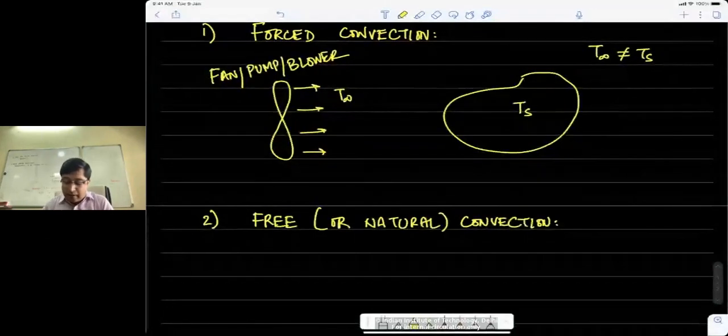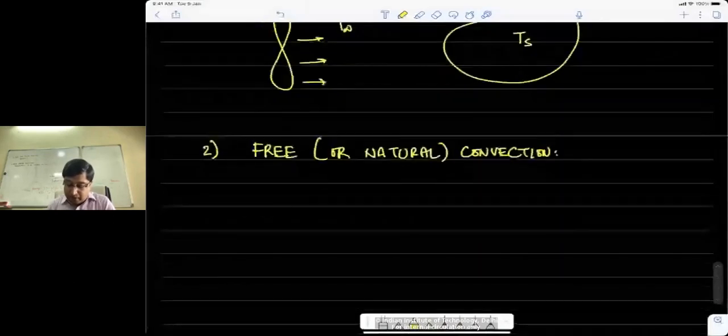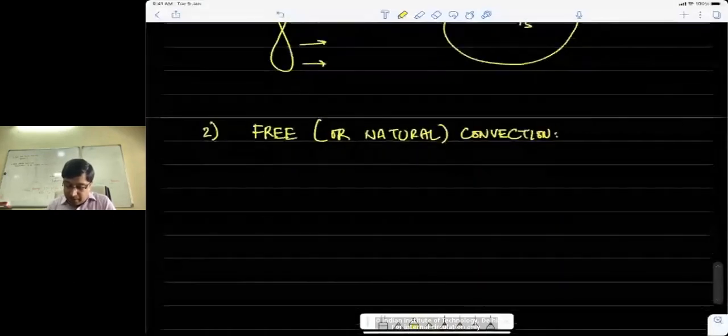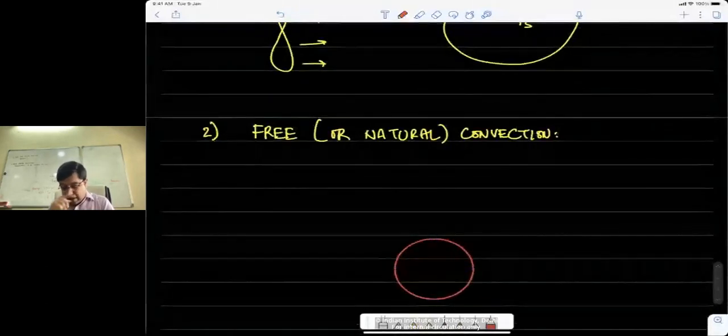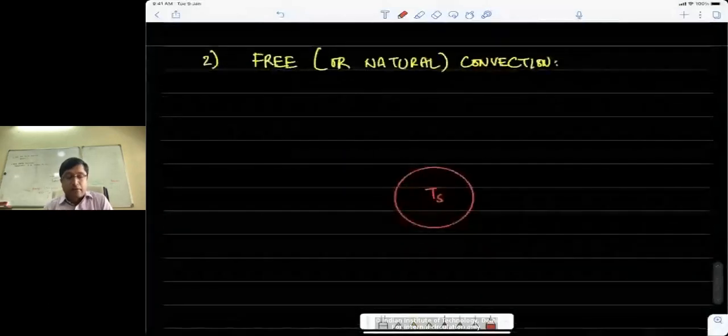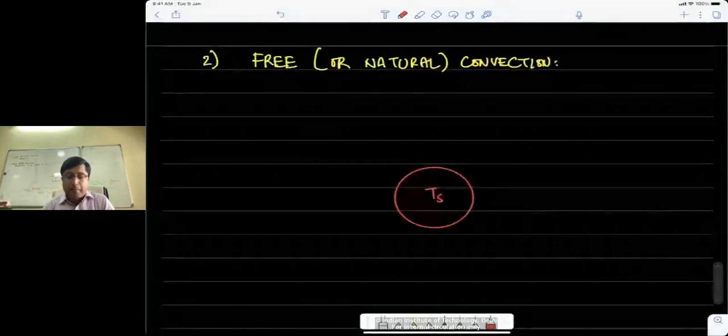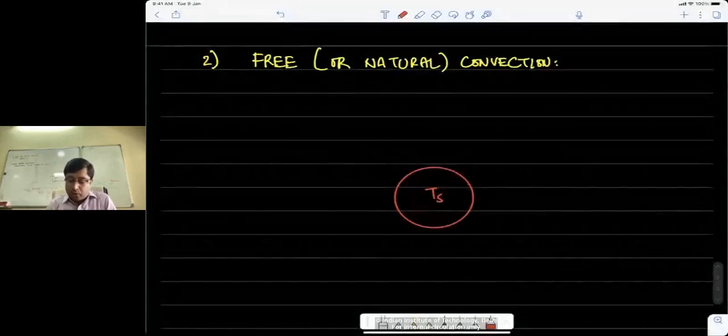So natural convection, you may imagine, can be something like this. Let's say you have a hot sphere, which is being heated in a furnace, and I bring it out in the air and I leave it to cool. I don't do anything. I just leave it on the floor and I allow it to cool.